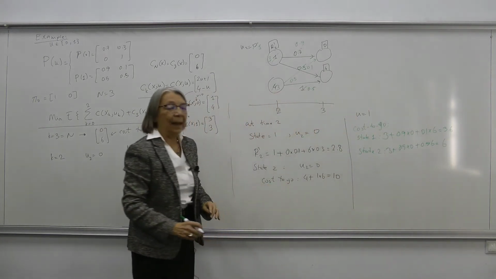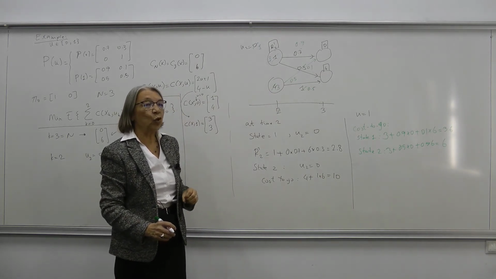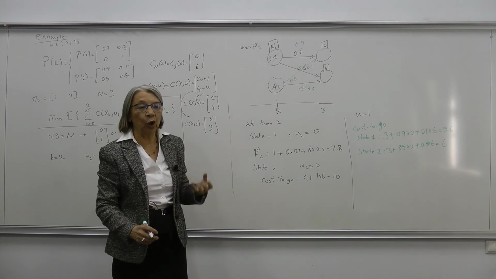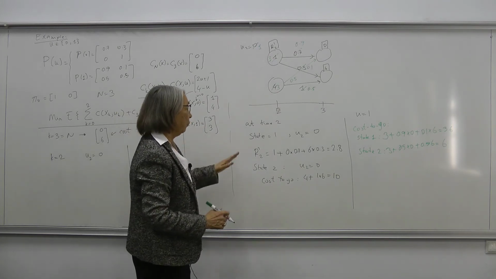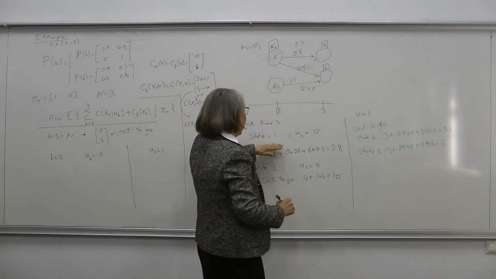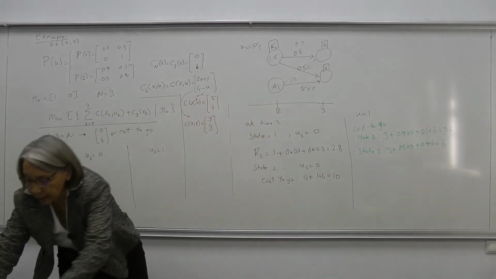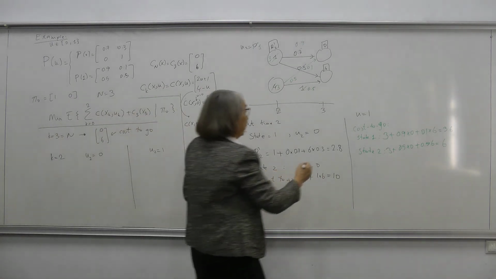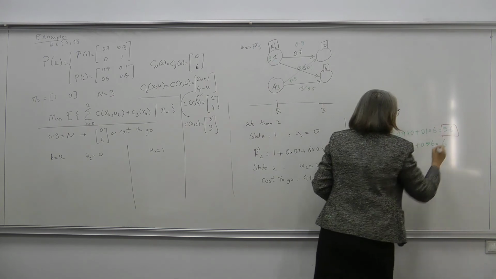And now we have to make our decision. The decision is to choose the minimum of those cost to goes as before. If we are in state number 1, we have to compare this 2.8 with this 3.6.